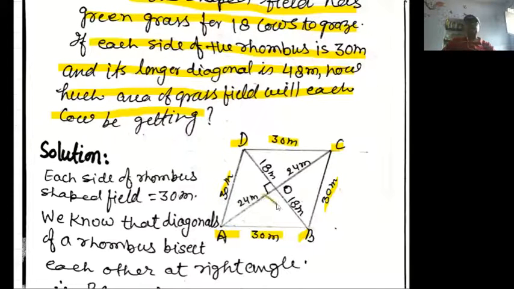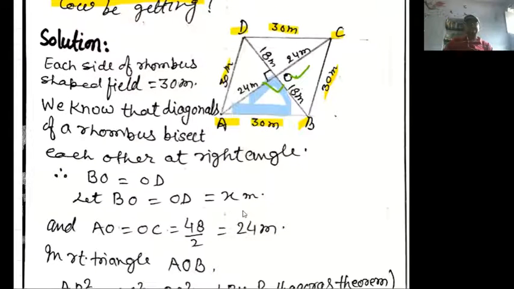In figure you can see AC and BD are two diagonals that intersect at O, and we take triangle AOB. The AC 48, AO equal to 24 centimeter. According to theorem, diagonal of rhombus bisect each other at right angle.